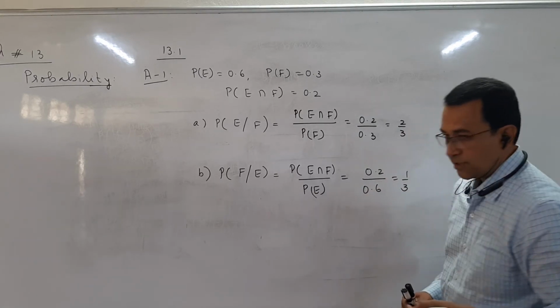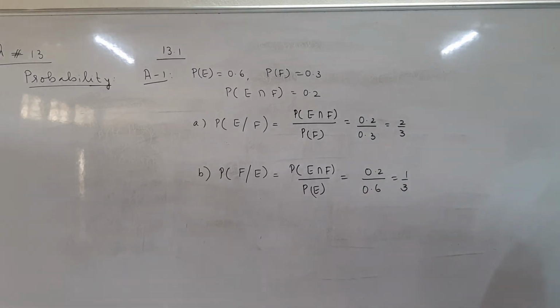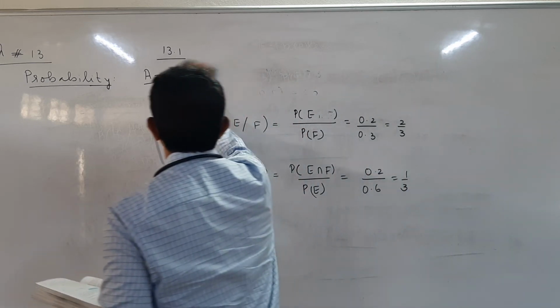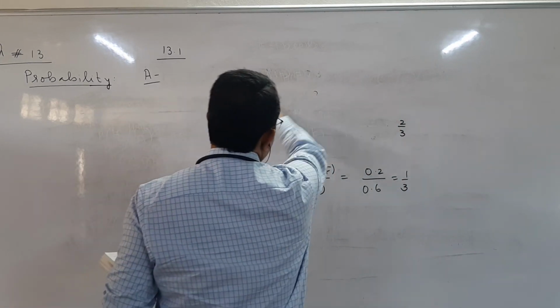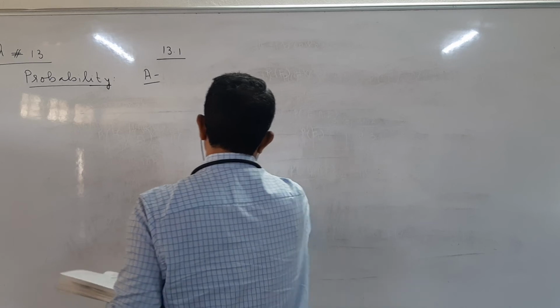So this is 0.333 recurring. Students, remember, in conditional probability the basic thing is to understand the concept, not only mechanically do the sum. Technically, remember the second event occurs after the first, so that the sample space is reduced to the elements of the first event. That much, students, we have to remember.